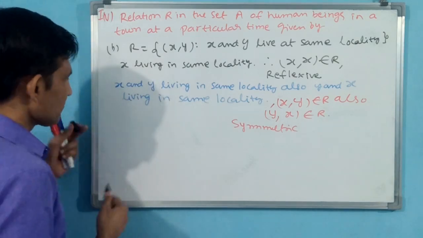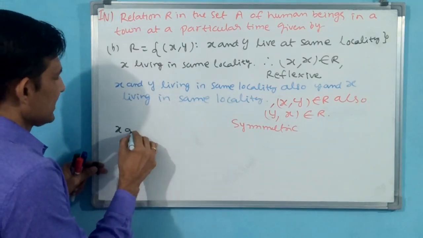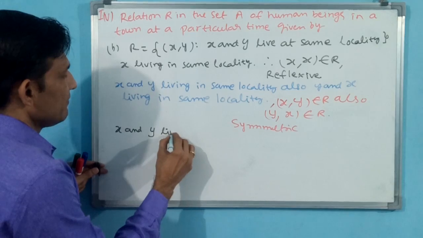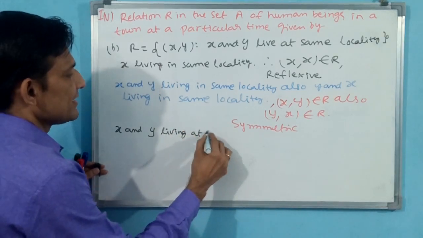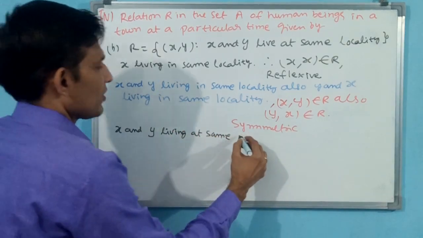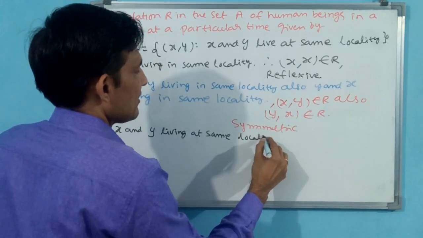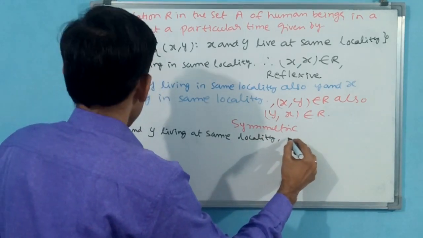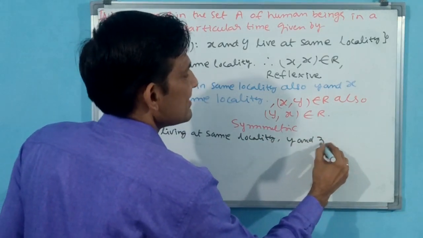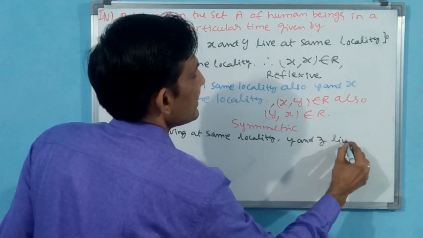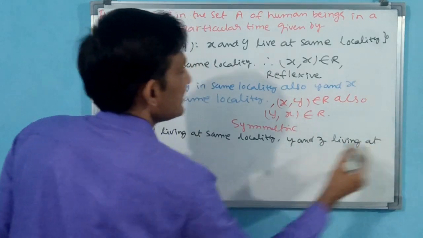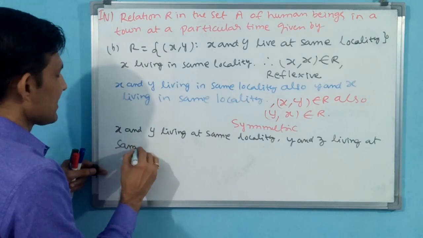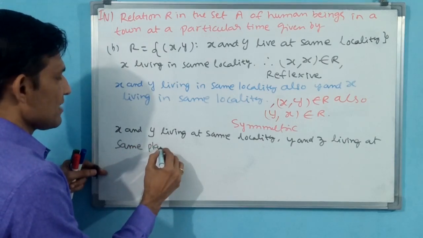You see, X and Y living at same locality, Y and Z living at same locality. At or in, you can write in same locality.